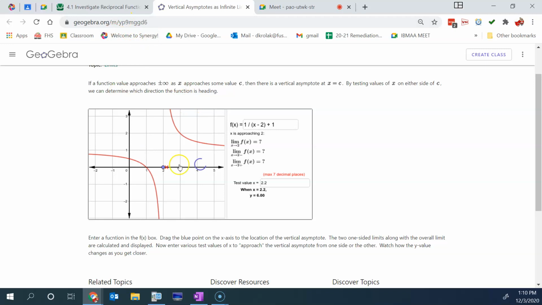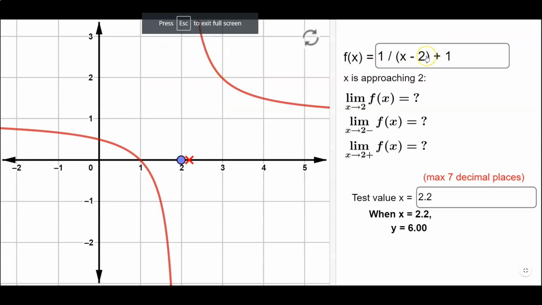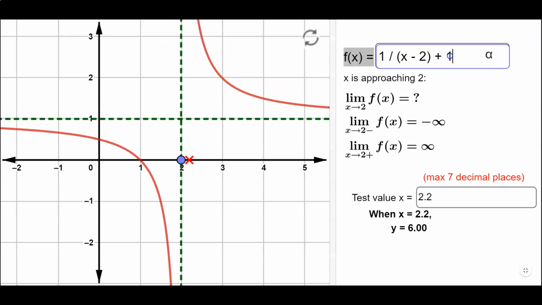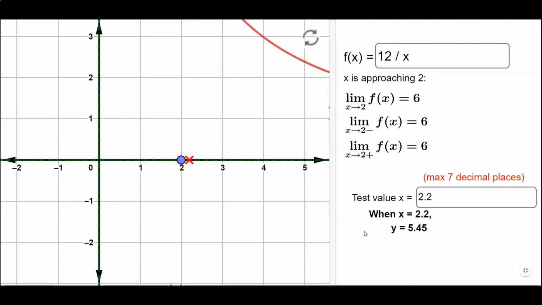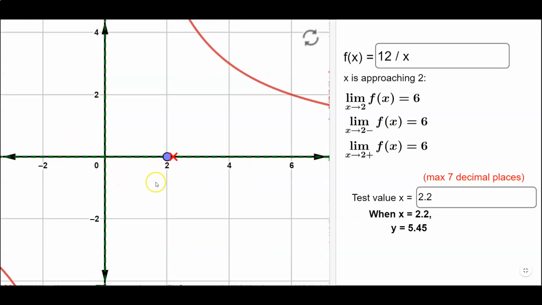So click on your link, because maybe yours will work faster than mine. And once you get yours open, we're going to change this to the function that we were working on. So you can just click on it. And ours was 12 divided by x. So we'll put that guy in. Okay, you can zoom out, see what it looks like.